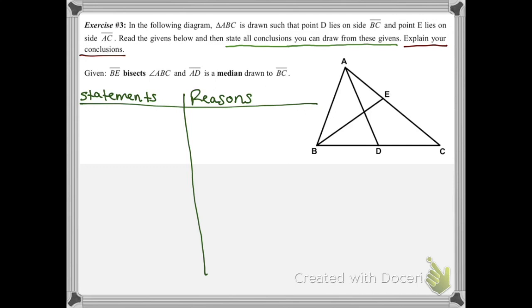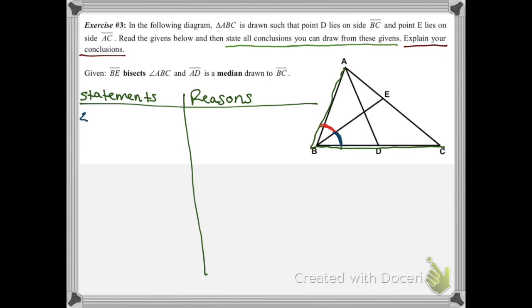So that means you need to locate angle ABC. Remember, use the vertex to find the angle. So there's my angle ABC. That means that now I have created two angles. I've created this angle, and I've created this angle, okay? So those two angles are now going to be equal because we've cut them in half using ray BE. So here we go.